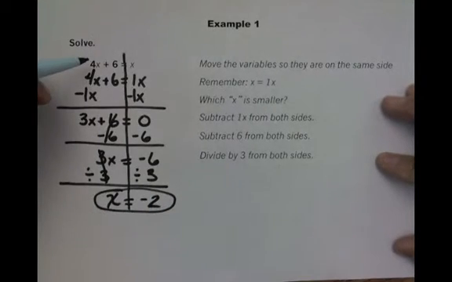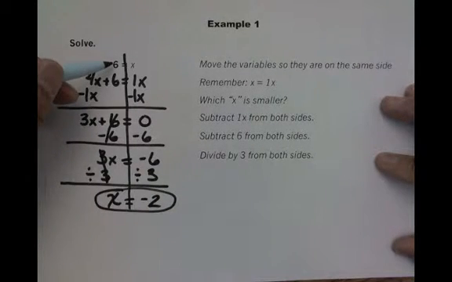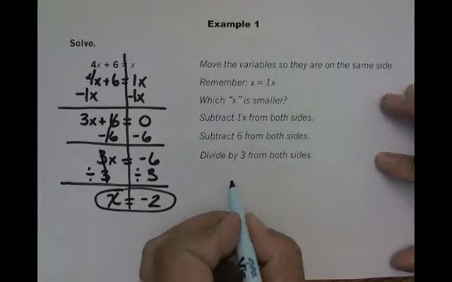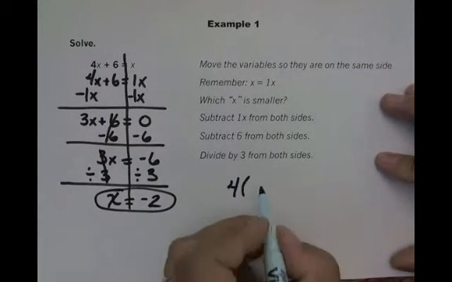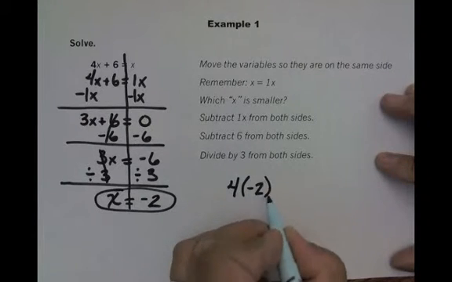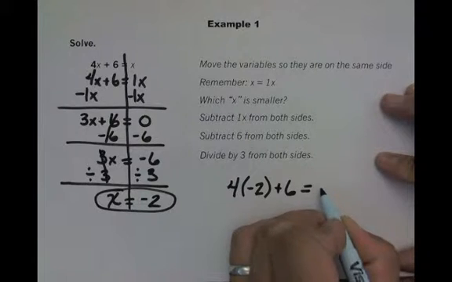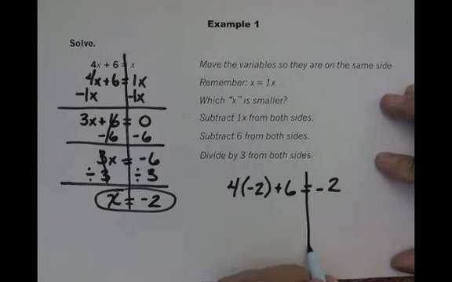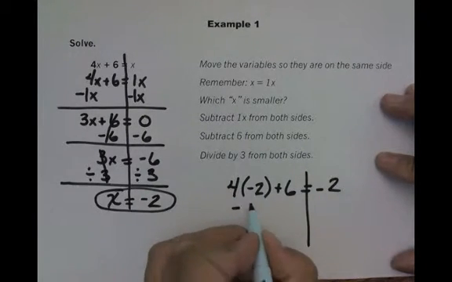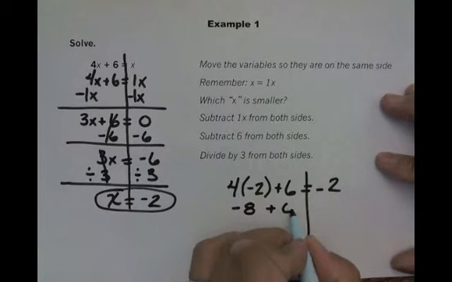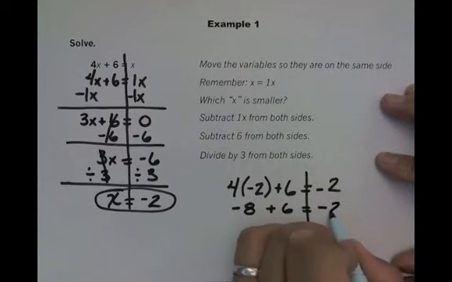So 4x plus 6 equals x. I'm going to check that. So I have 4 times negative 2 plus 6 equals negative 2. 4 times negative 2 is negative 8, plus 6 equals negative 2.